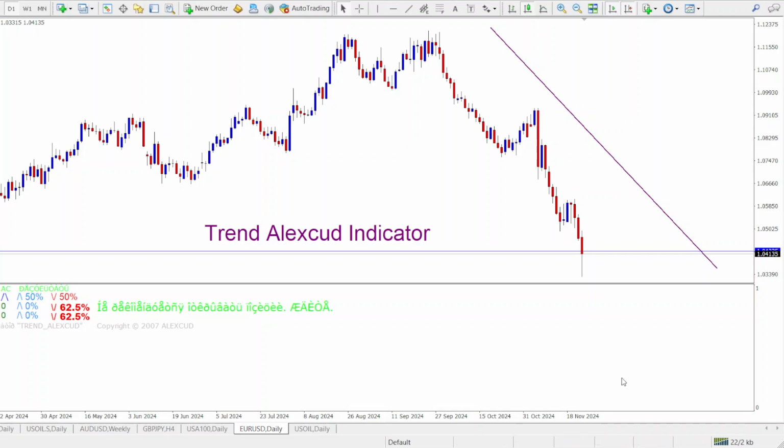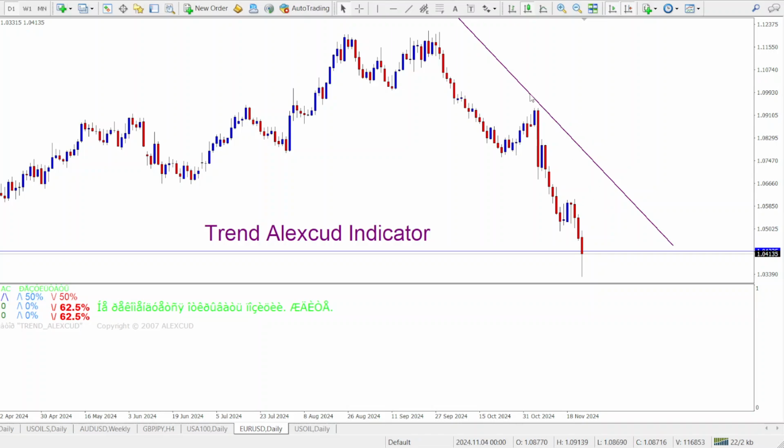Now when you want to enter a trade, having identified the direction of the trend as the indicator tells us, I recommend using extra tools for confirmation.